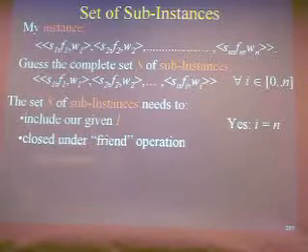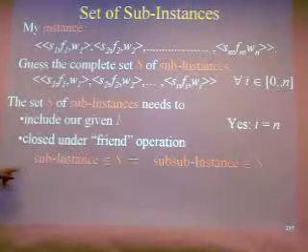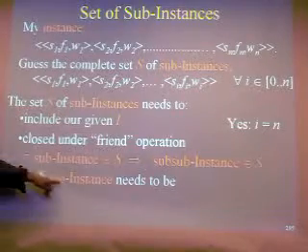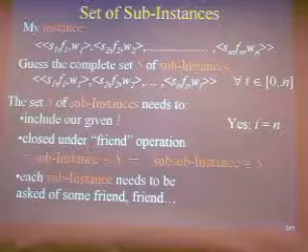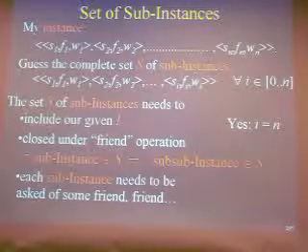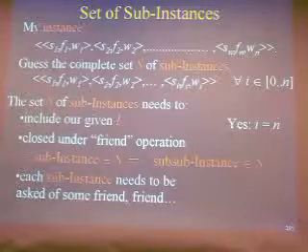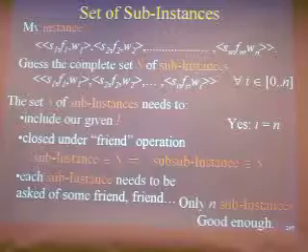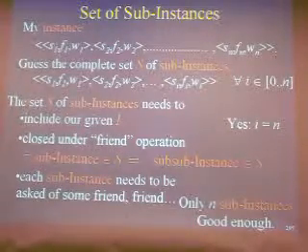You have to prove that given any instance, any prefix, then all their friends need to be a subinstance too. So this is what we have to prove here, that it's closed under subinstance.